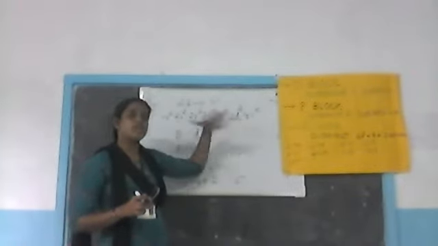Okay. So once again I am recalling this point. First of all, we have discussed block, group and period. How can you find out the block? The last electron is added in which subshell? That is known as their block. How can you find out the period? The biggest shell number in this configuration is known as period.